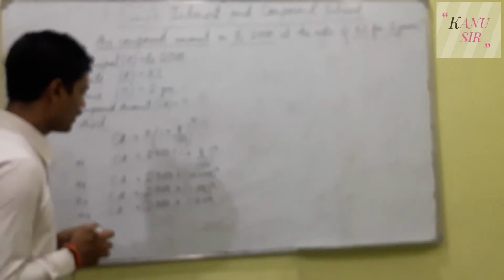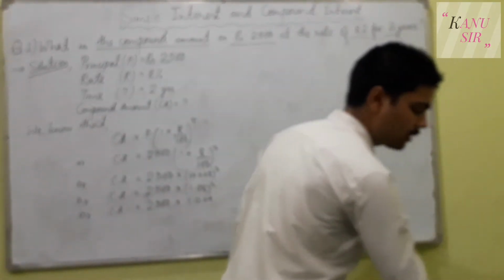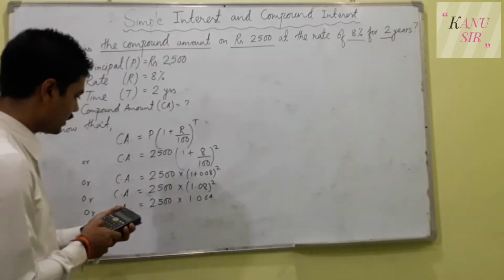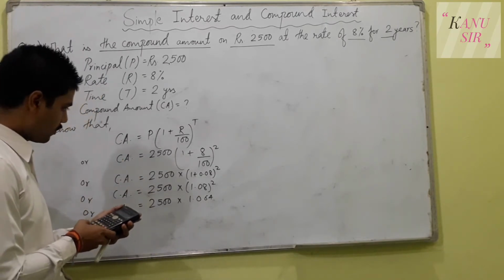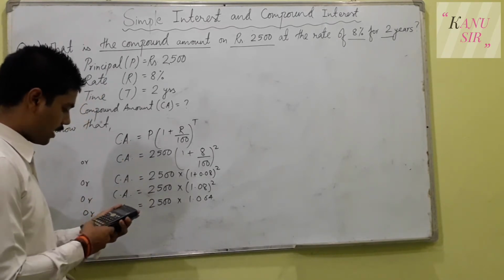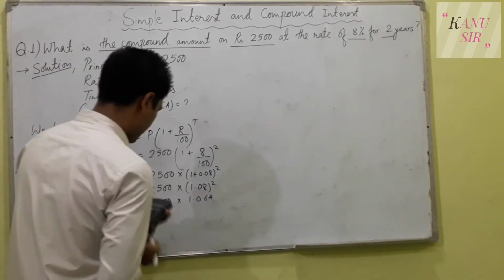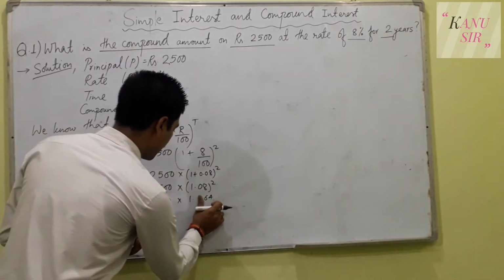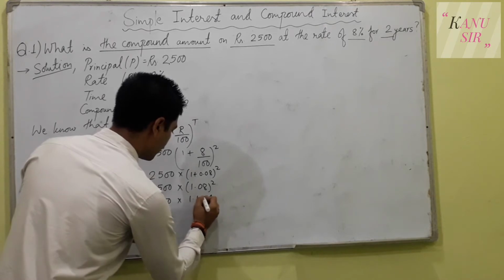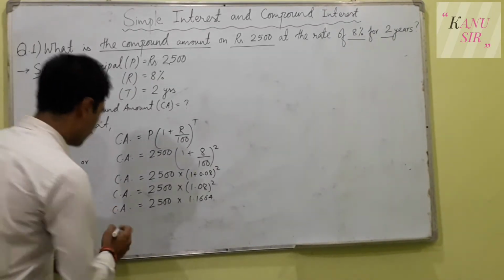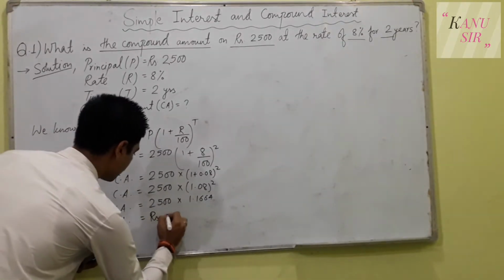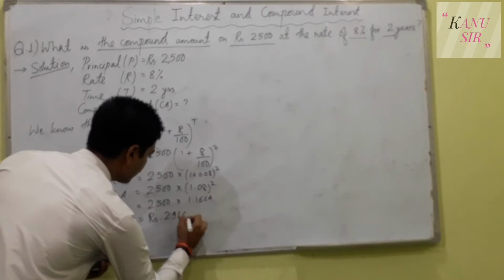Now we have to multiply by using a calculator. I am also going to use a calculator here to make the video shorter. 1.08 square is 1.1664, times 2,500. So the final answer is rupees 2,916.